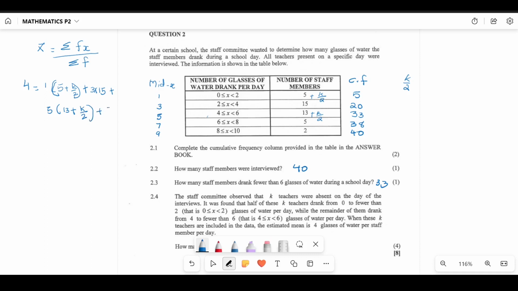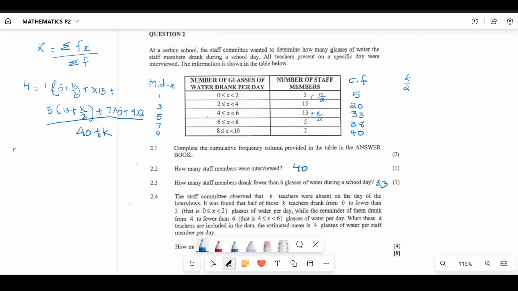Plus the next one, 7 times 5, plus the last one, 9 times 2, divided by sigma f, which is no longer 40 now, it's going to be 40 plus k. We are finding the mean, which is already available. Let us cross multiply here.